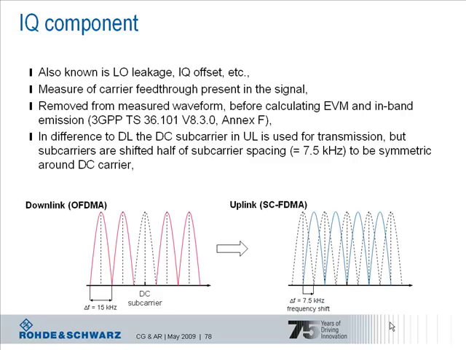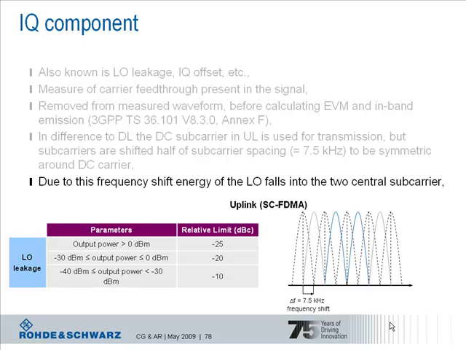In fact, that translates to a frequency shift of 7.5 kHz, as shown here in the graph. With this frequency shift, energy of the local oscillator will fall into the two central subcarriers. And this impact needs, of course, to be measured based on the output power. The relative limits are shown here in the table based on the used output power.